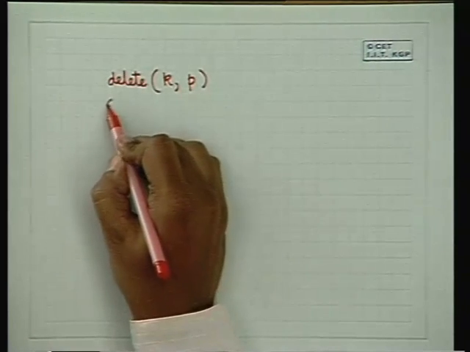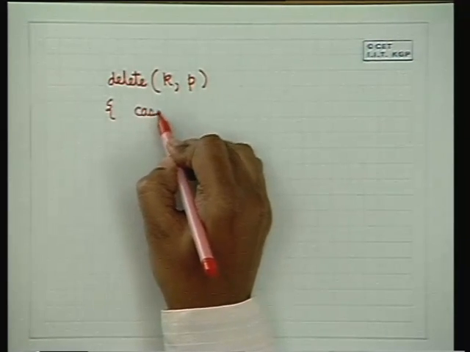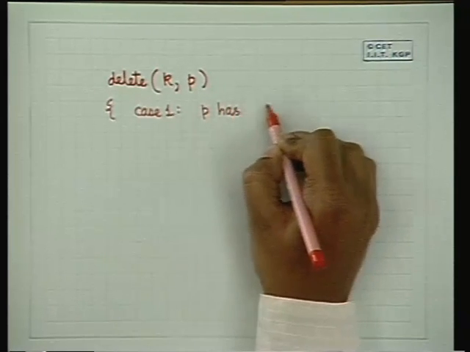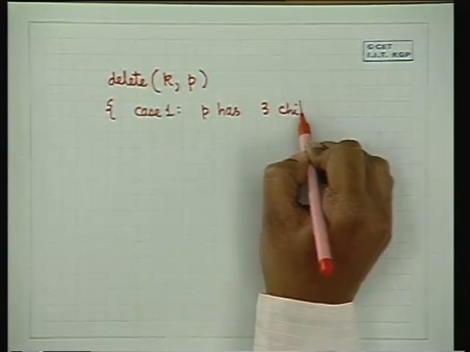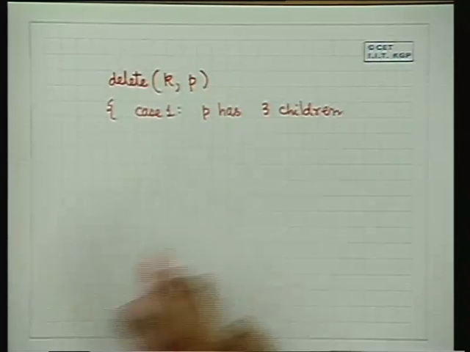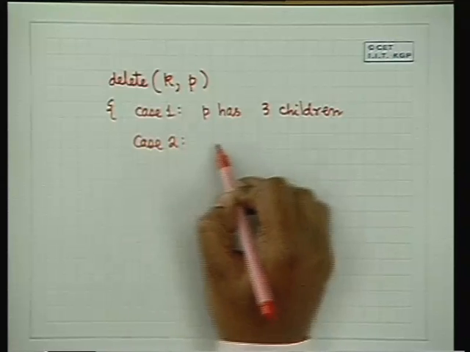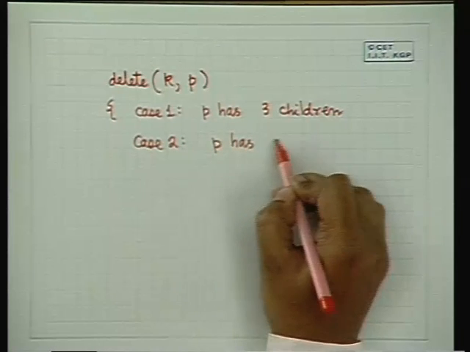Alright. So here, what is case 1? P has 3 children. This matter is solved easily. Case 2, P has 2 children.